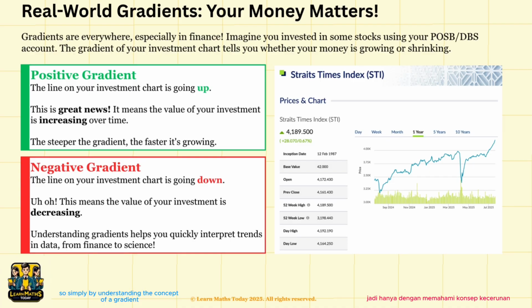So simply by understanding the concept of a gradient, whether it's positive or negative, and how steep it is, you can quickly and intuitively interpret trends in data. This isn't just limited to finance, it applies to population growth charts, climate change data, scientific experiments, and so much more. Gradients provide a powerful visual shortcut to understanding complex information instantly. It's a skill that will definitely serve you well in the future.